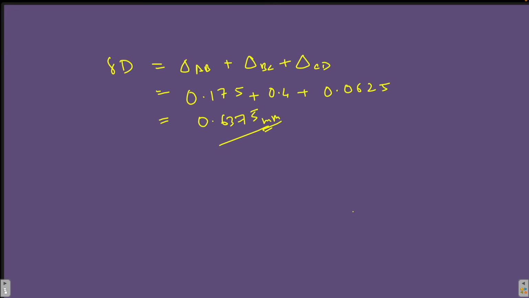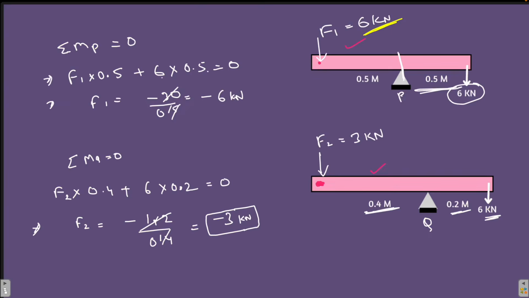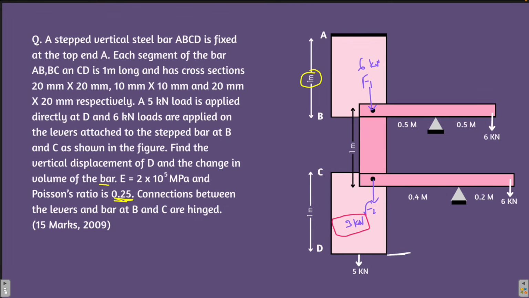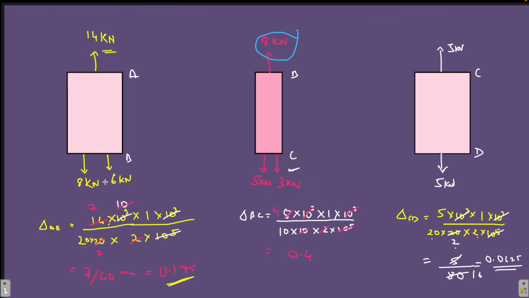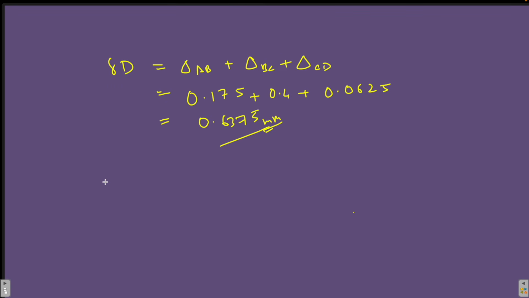Now let's move on to the next part of the question. The next part states: find the vertical displacement of D, which we have just found out. And the next part of the question says to find the change in the volume of the bar. We have to find out how much is the change in the volume of the bar, I mean all the three bars. So how are we going to find the change in the volume?